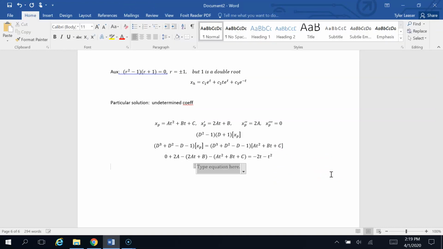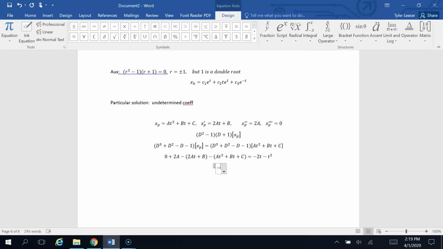All right, I'm going to dot, dot, dot here. Here you would just solve for the a, the b, and the c. A would come out to be negative 1, b would come out to be negative 4, c would come out to be negative 6. Not too hard to see that. This says that my particular solution, x of p, should be negative t squared minus 4t minus 6.